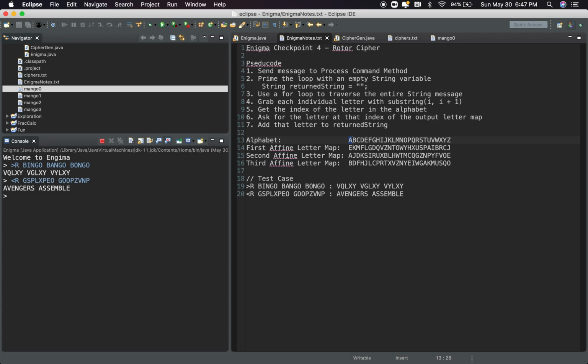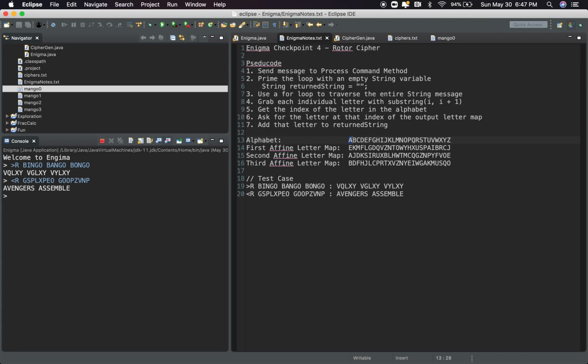Well, just like checkpoint 2 benefited greatly from having checkpoint 1 well built, it was easy to make an advanced Caesar cipher if your basic Caesar cipher looked good. Making a rotor cipher is not super painful as long as your affine cipher looked okay.